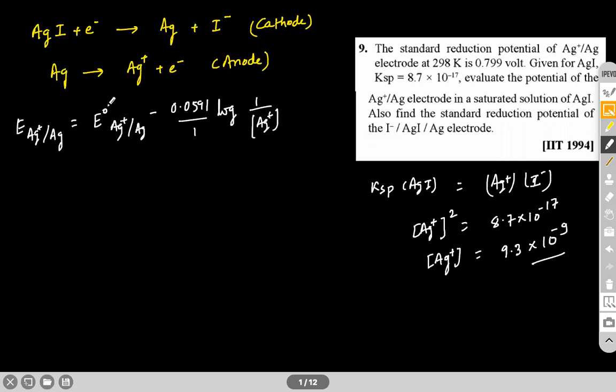Now we can substitute the values. E naught of Ag+ is 0.799 minus 0.0591 by 1 log of 1 by 9.3 into 10 to the power minus 9. You can solve this. You'll get the electrode potential for Ag+ to Ag as approximately 0.324 volt.